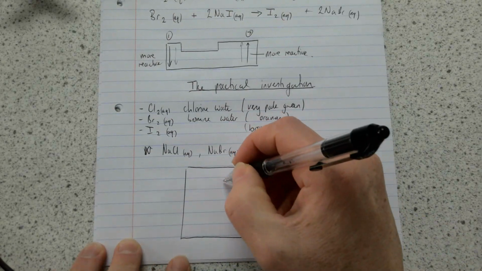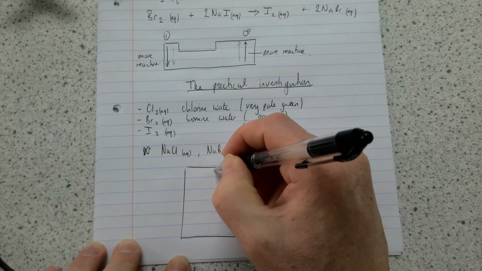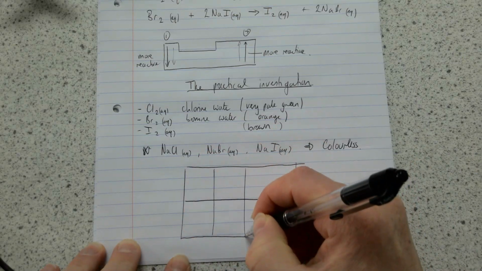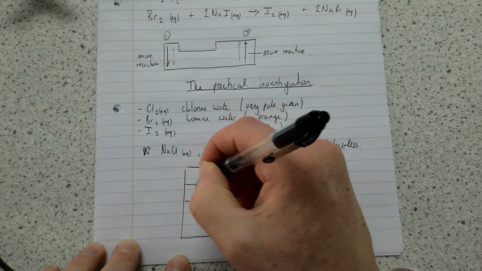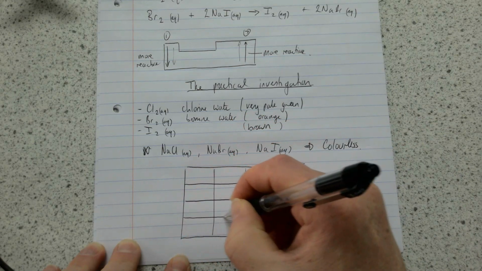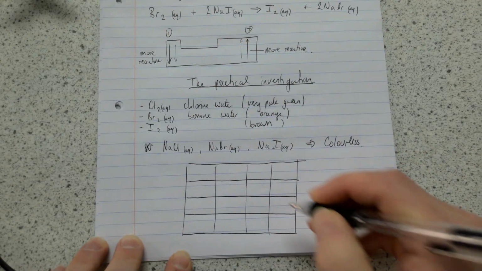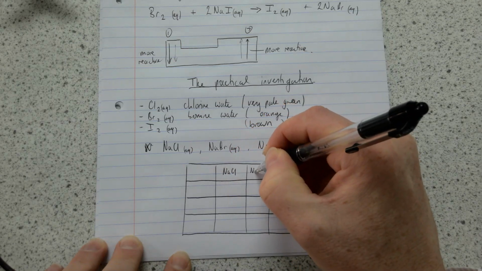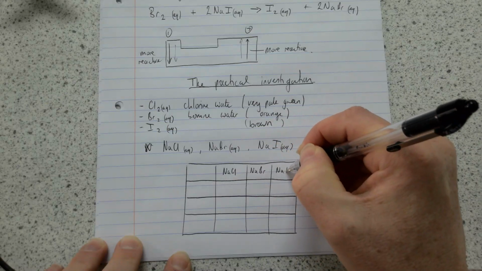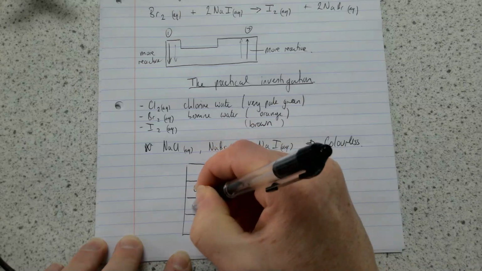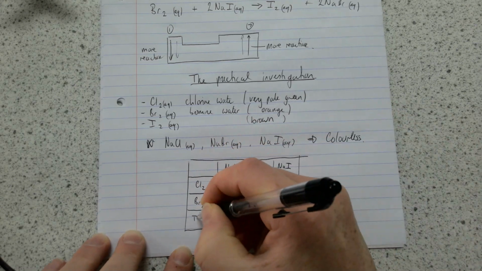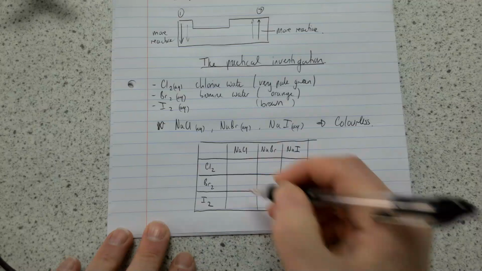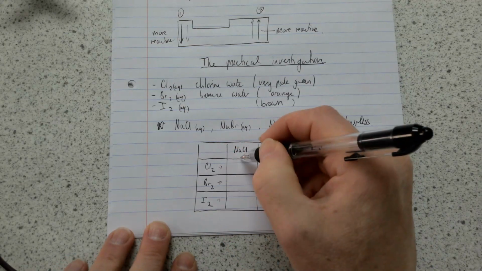Okay, so if we draw this, like so, there are 6 reactions. We're going to have a grid like that, and in each box we're going to say whether there's a reaction happening or not.